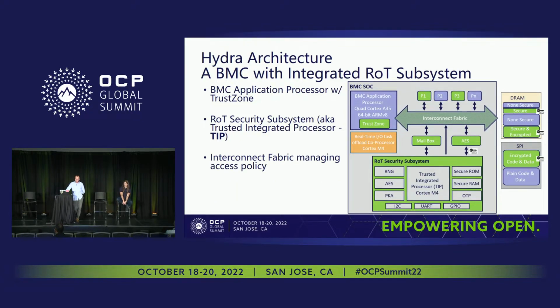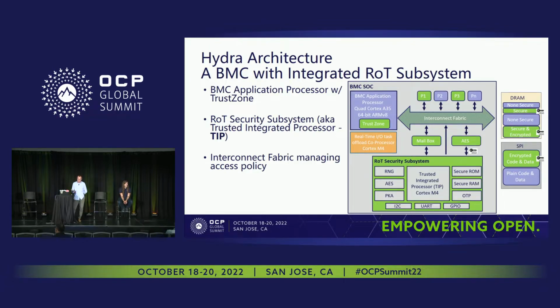It would use the interconnect fabric, which we have on the bus, to manage all the access to all peripherals and memory sections, and it would configure and use that to manage which module internally of the BMC or peripherals can access which other modules or interfaces or RAM sections, which can be locked to the TIP usage or control versus the application BMC processor.